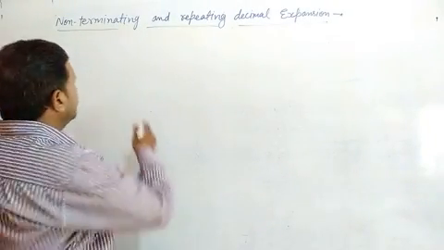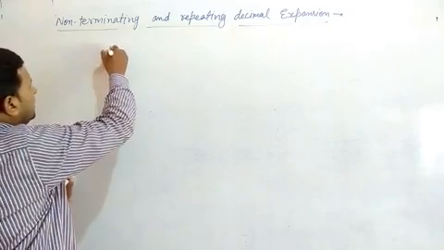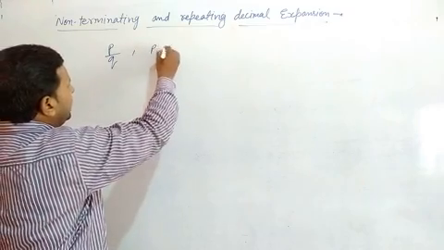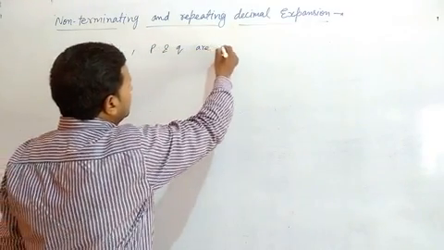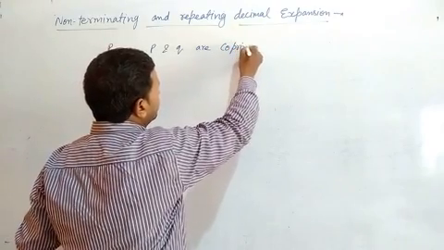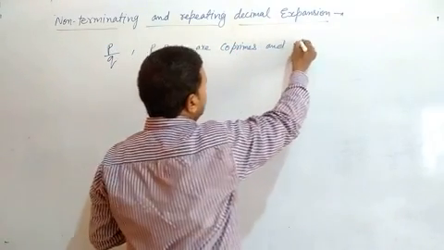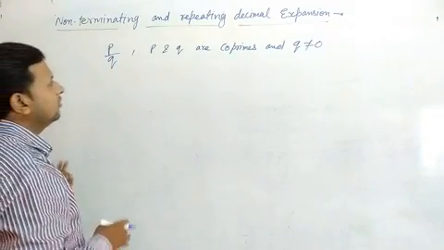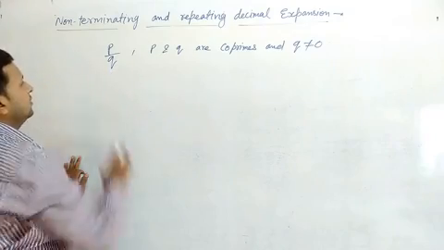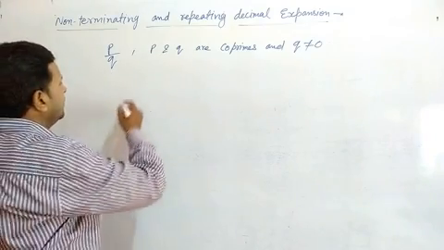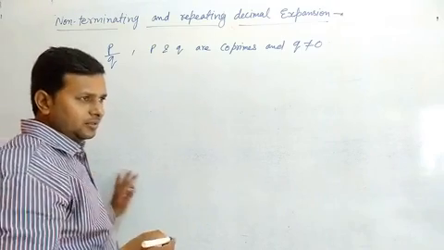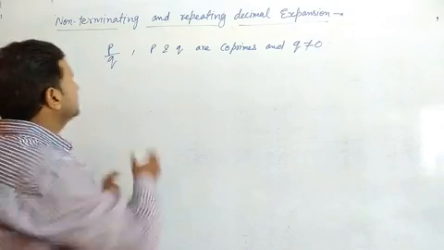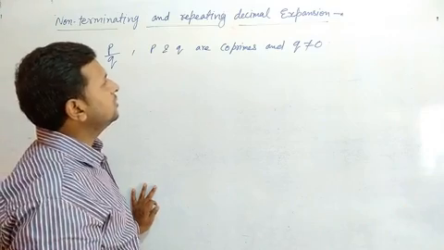As I told, suppose the number is given as a rational number in the form of P upon Q, where P and Q are co-primes and Q does not equal 0, and when its denominator is factorized we get digits other than 2's or 5's, then it is called non-terminating and repeating decimal expansion.